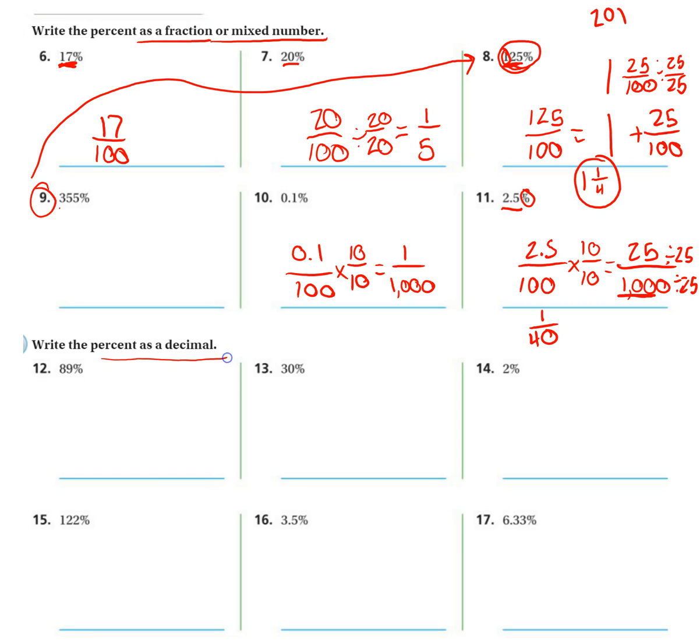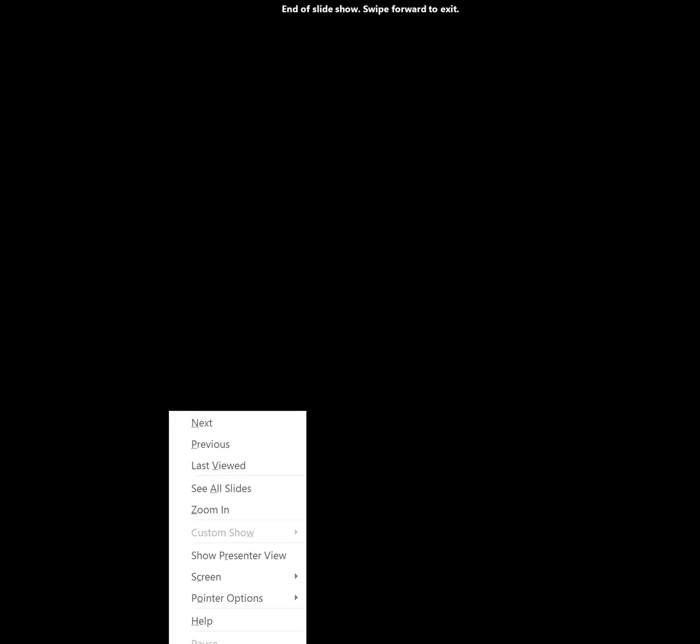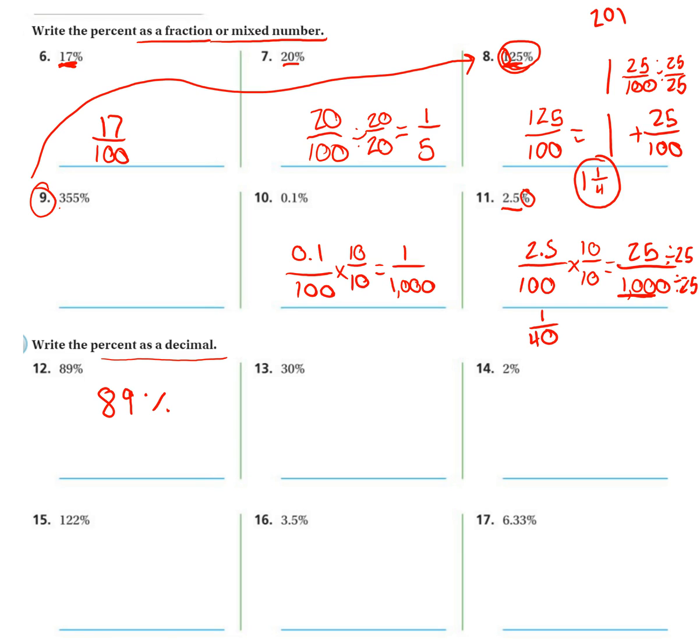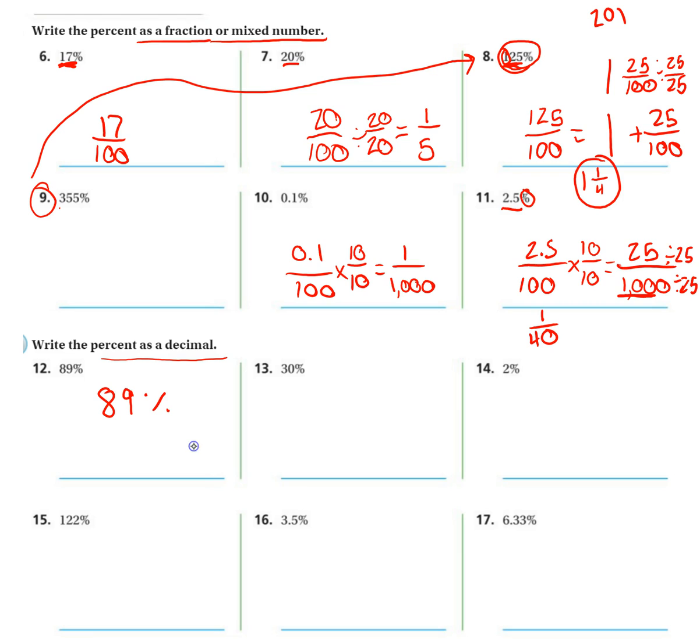Write the percent as a decimal. This is my favorite thing, because whenever you have a percent, to change it to a decimal is actually very easy. If they don't show you the decimal, there's always a decimal hidden behind the number.